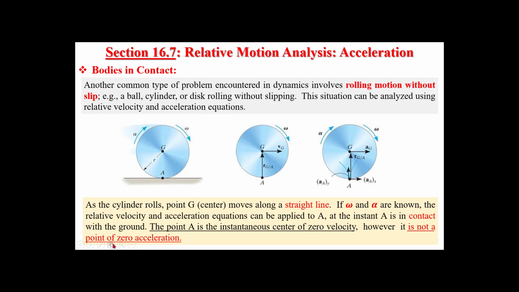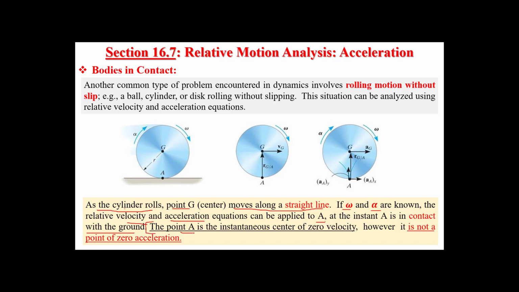So as the cylinder rolls, point G, the center, moves along a straight line. If omega and alpha are known, then the relative velocity and acceleration equations can be applied to A with respect to G, at the instant A is in contact with the ground. The point A here is the most important thing.